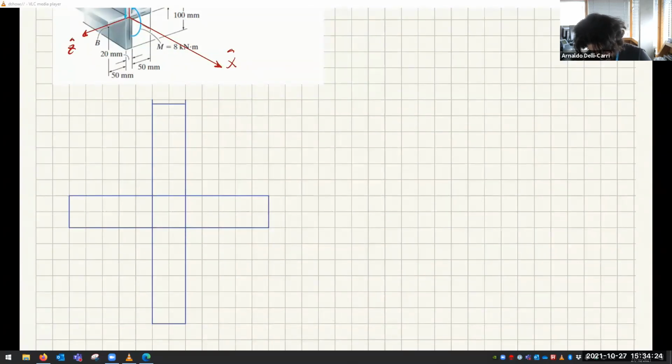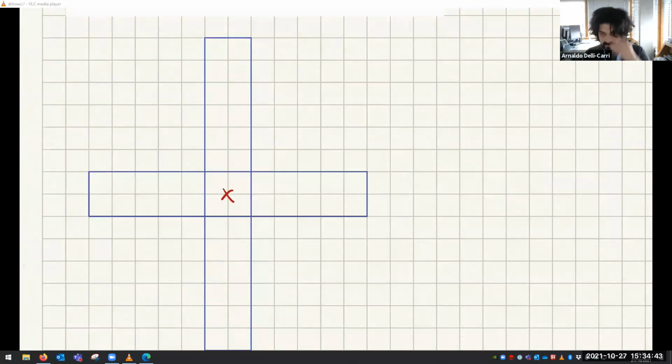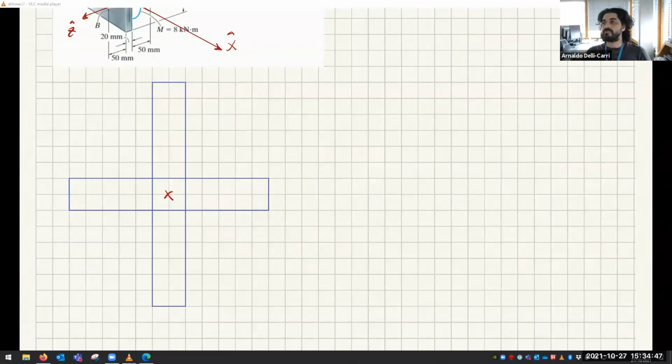Yeah, this should go. Okay. Let me check if this is in the center. Yeah, looks like it. So the centroid, of course, is here because this section is completely symmetric. And now I have a question for you. How do you split this? How many rectangles do we need here? How many simple shapes?